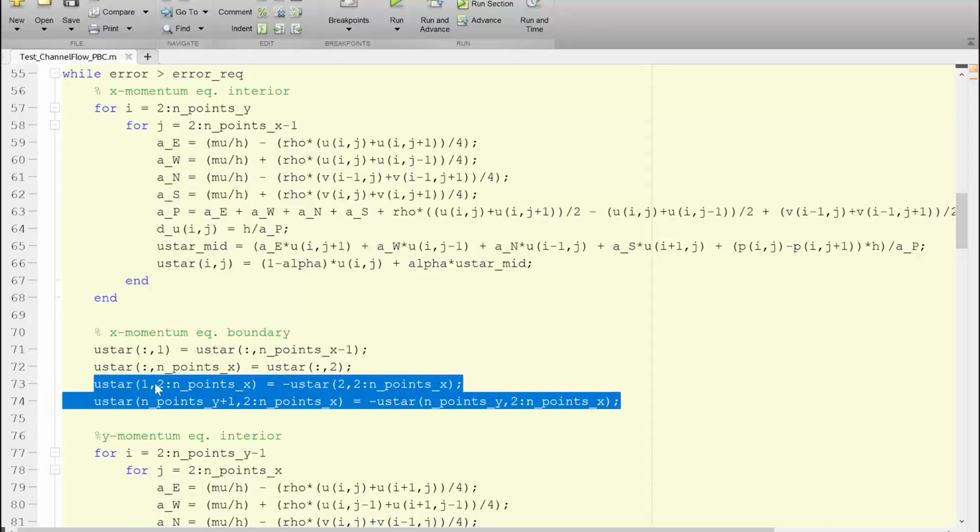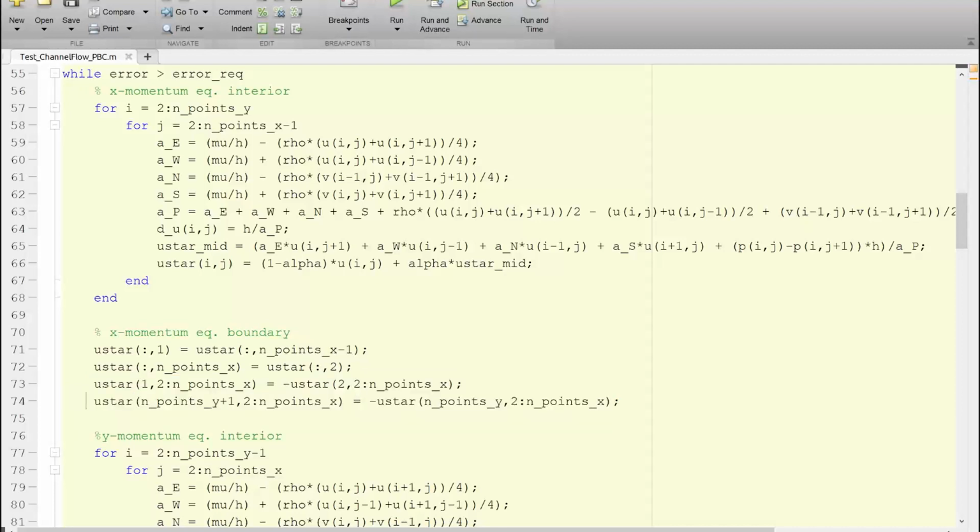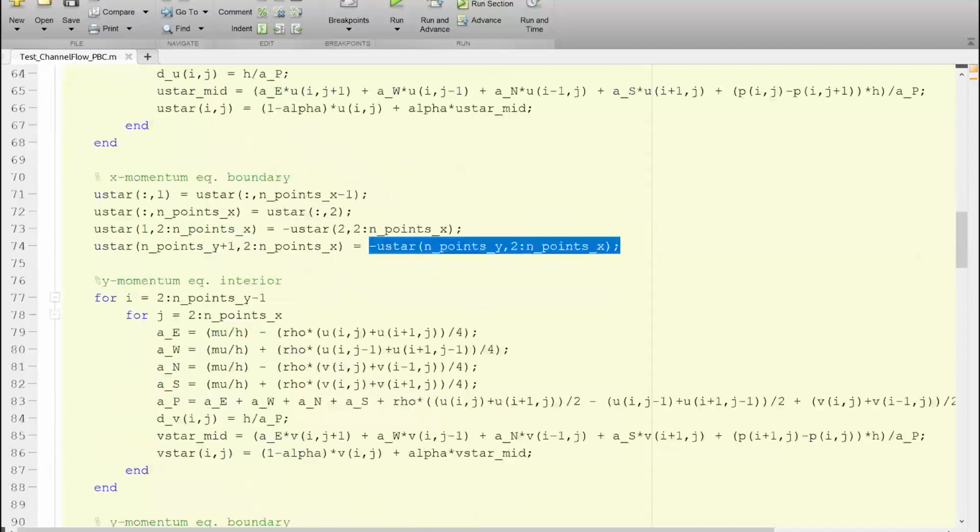If this is a no slip boundary, that means these two velocities should be negative of each other. So we are writing that the first row is the negative of the second row, and similarly the last row is the negative of the second last row.